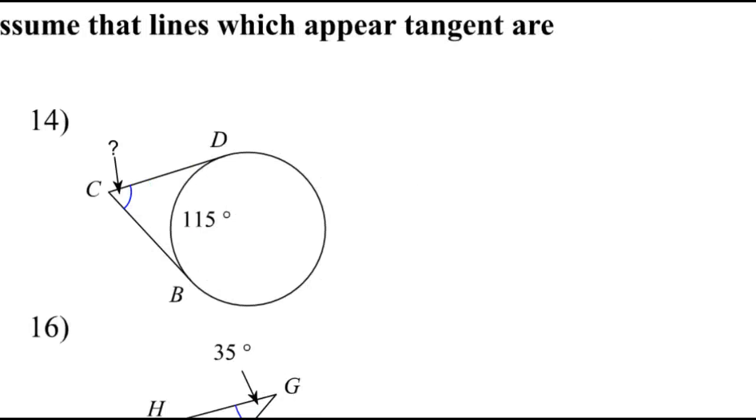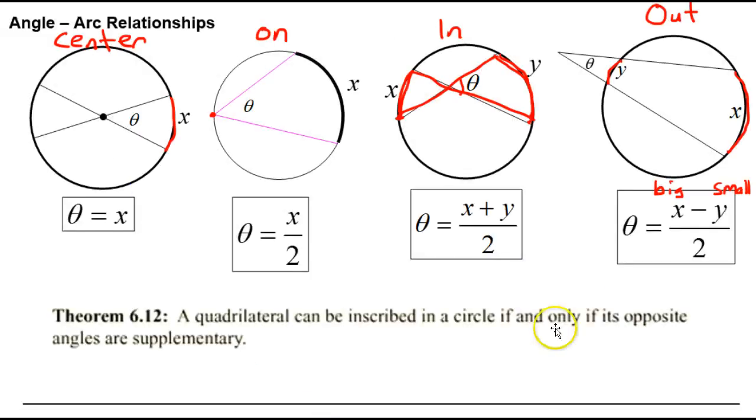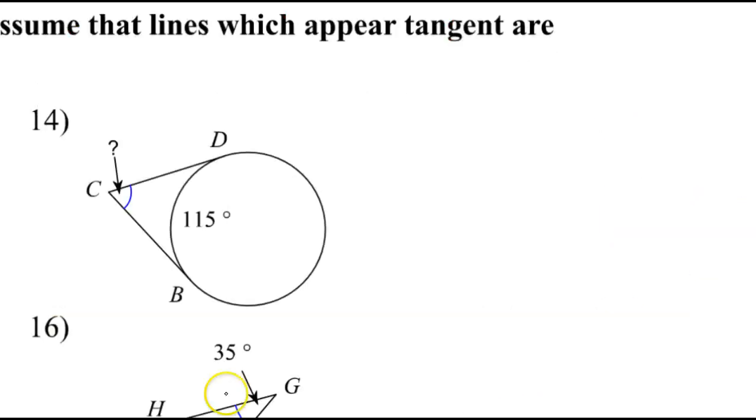Okay, let's slide over to number 14. Okay, this is a whole new formula that we haven't seen yet on this worksheet anyway. We're dealing with this situation. When we have the angle that is outside of the circle, then the angle equals arc minus arc divided by 2.